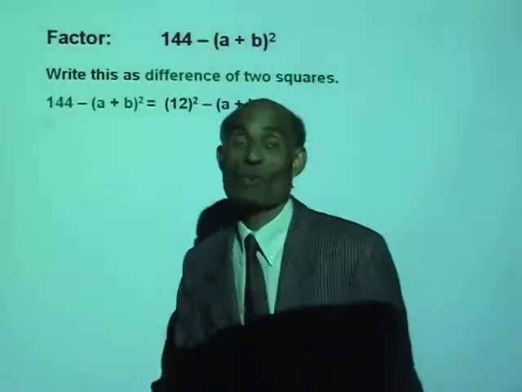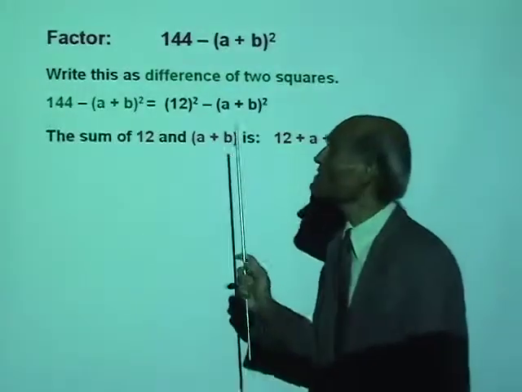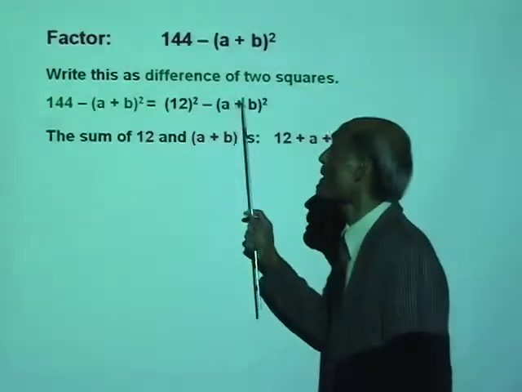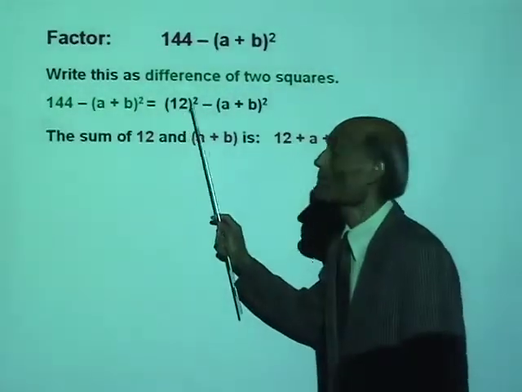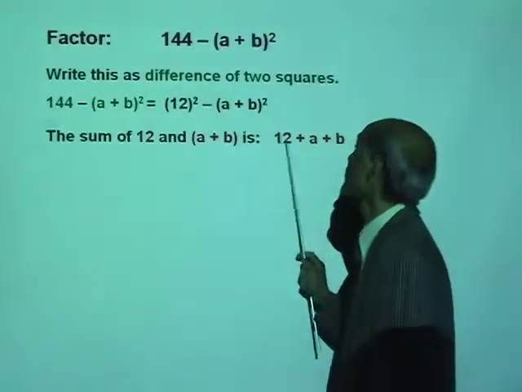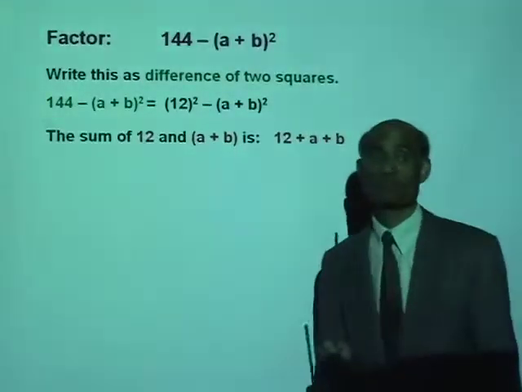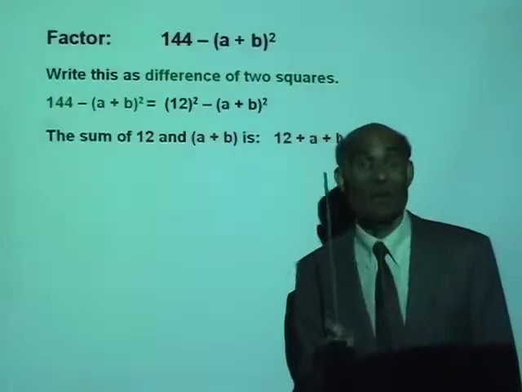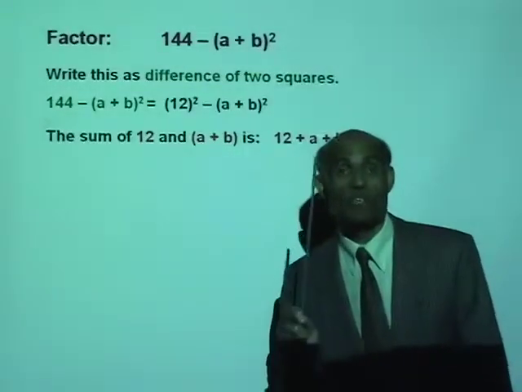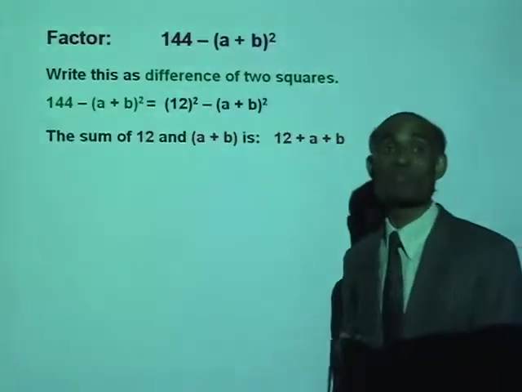And what are the factors? The first factor is the sum of the two. What is the sum? 12 plus a plus b. Now, what is the difference? You must be careful when you write the difference.